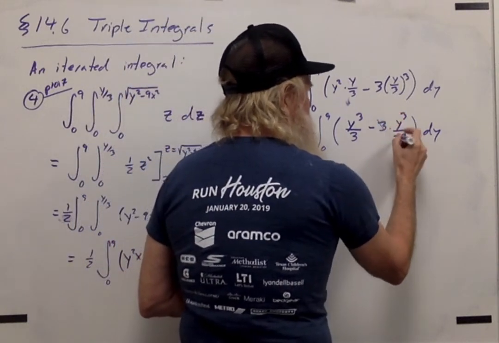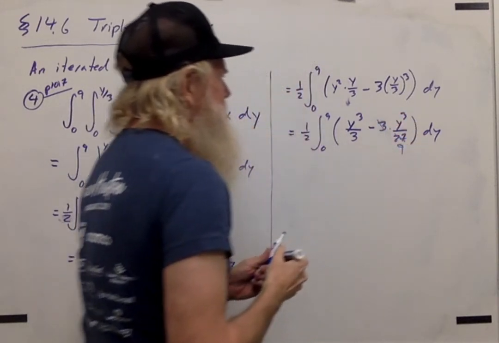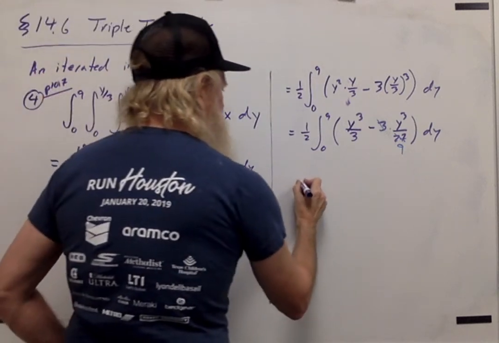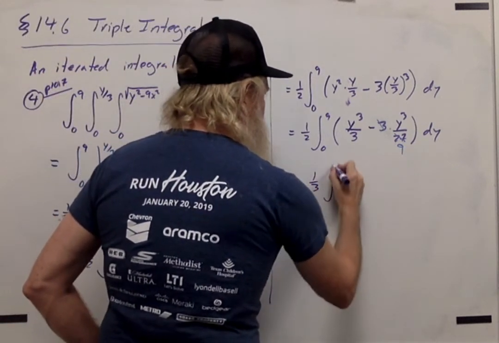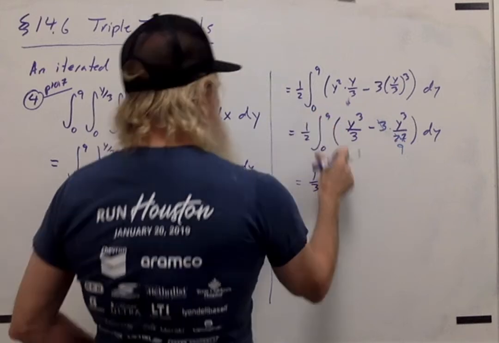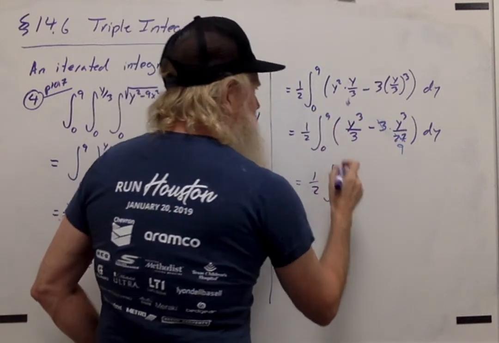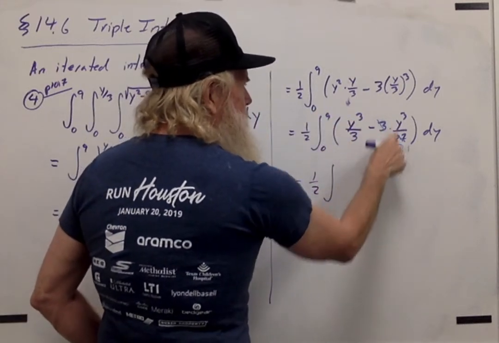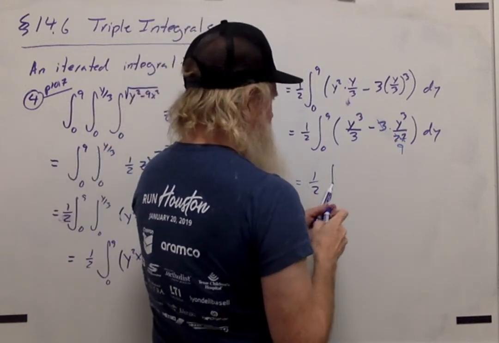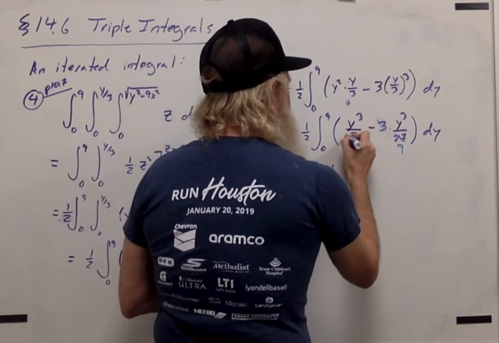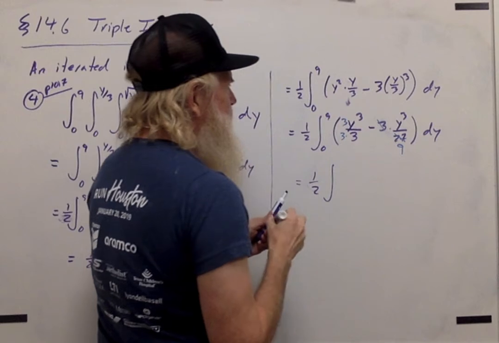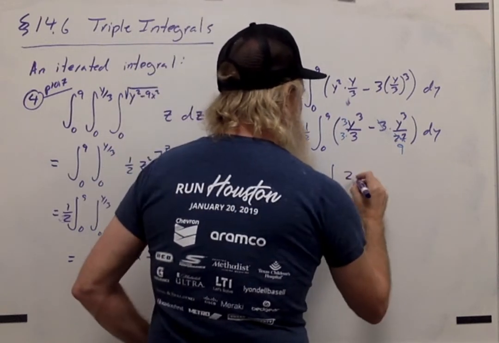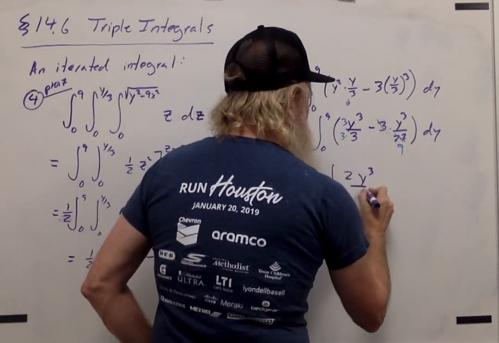I can cancel the 3 with 27 to get a 9. And then y cubed over 3 minus y cubed over 9. If I get a common denominator of 9, that gives me 2 y cubed over 9.